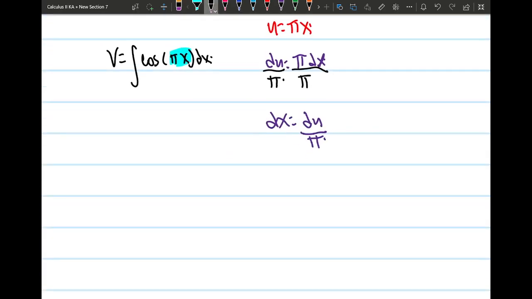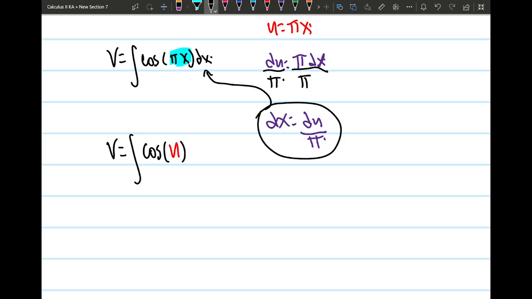Now, v is going to be the integral of cosine of u, right? So really, we're just trying to find v here because we need it in order to do our integration by parts method. And then dx is really what goes for this here. So really, it's going to be du over pi because that's what dx is.